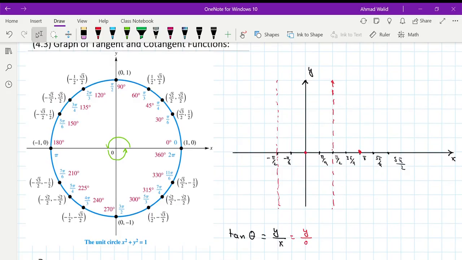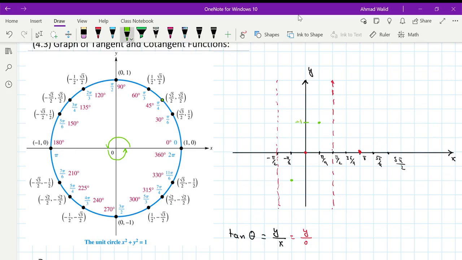Now, let's see what's happening at negative pi over 4 and positive pi over 4. Let's see first what is pi over 4. At pi over 4, at this angle, radical 2 over 2 divided by radical 2 over 2 gives you what? 1. Correct? If I mark here as a 1, you get a point here. And of course, at negative pi over 4, it gives you negative 1.